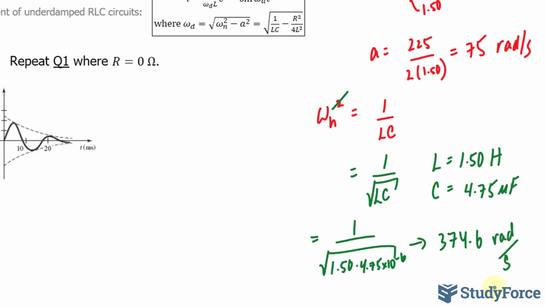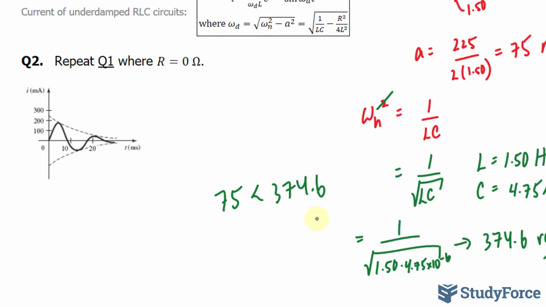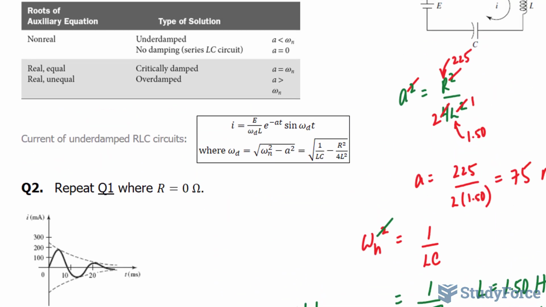Now let's compare A with omega n. We have 75 is much less than 374.6. So let's take a look at our chart. If A is less than omega n, then we have an underdamped circuit. And because we have an underdamped circuit, we can use this template.